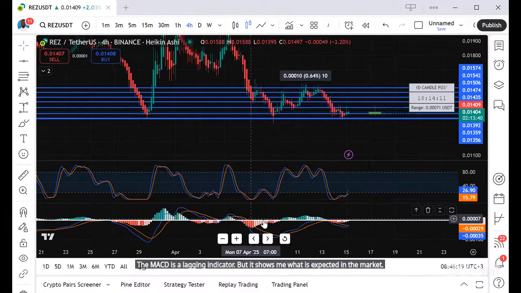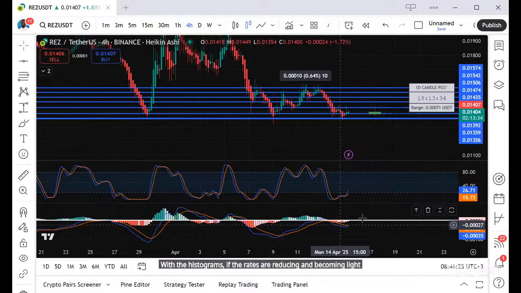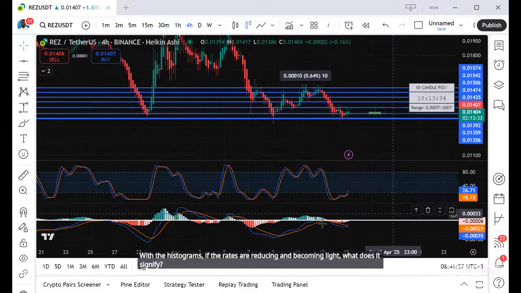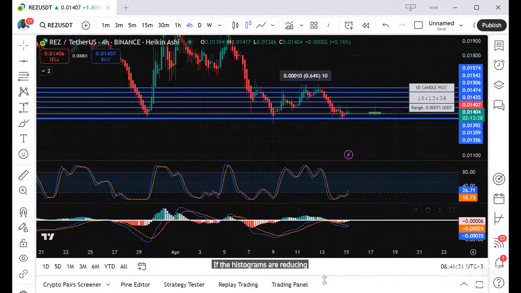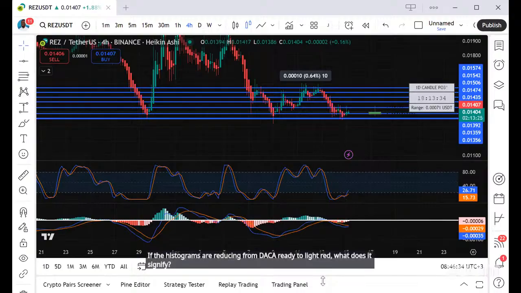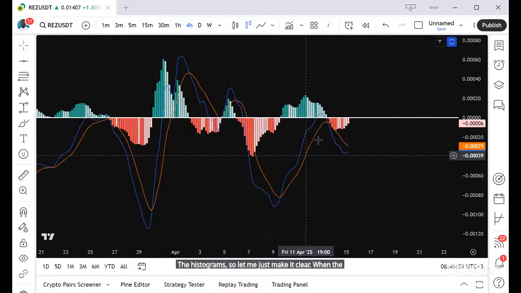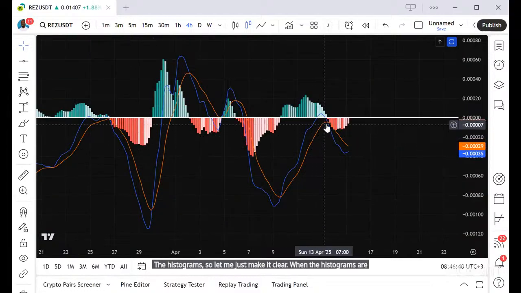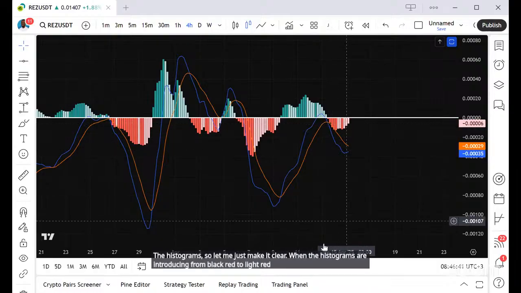With the histograms, if the red are reducing and becoming light, what does it signify? If the histograms are reducing from dark red to light red, what does it signify?